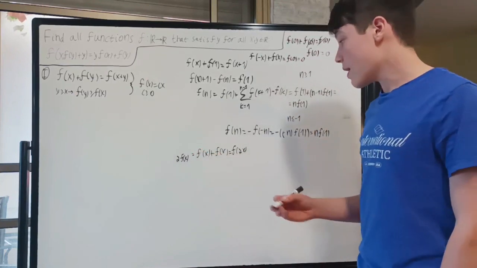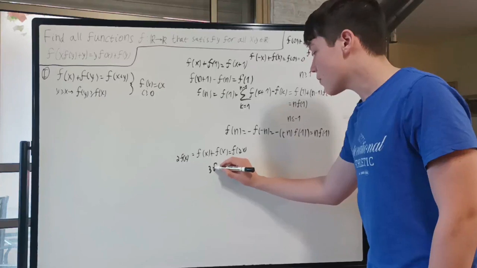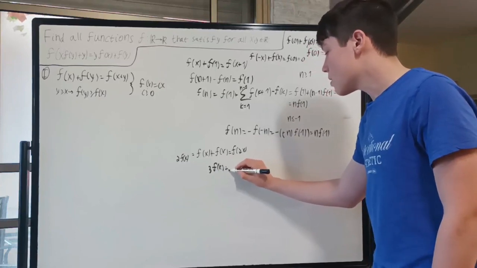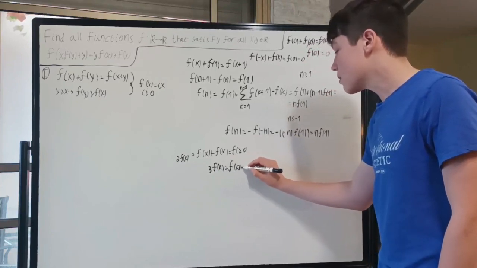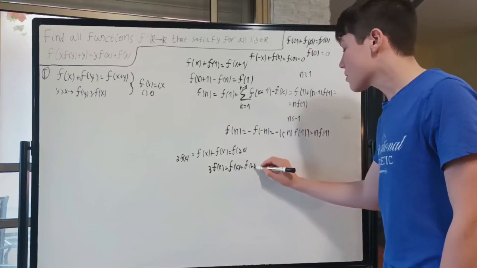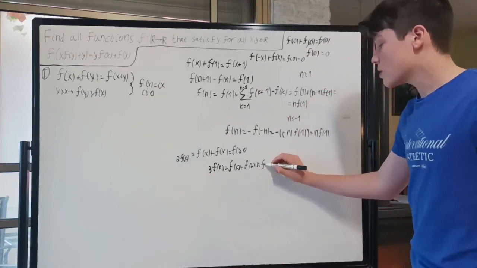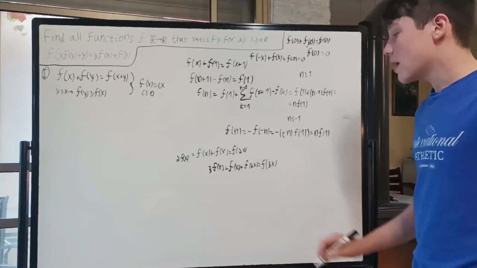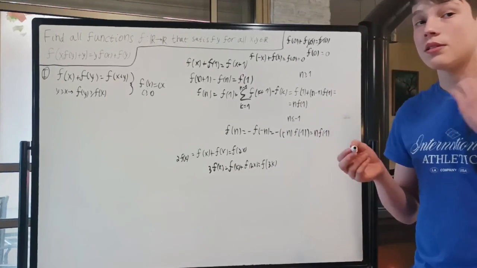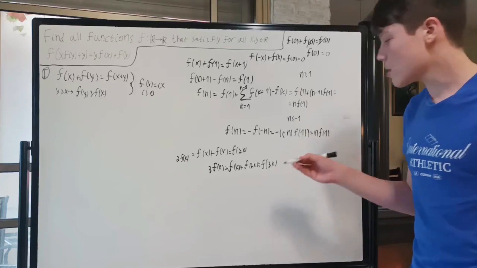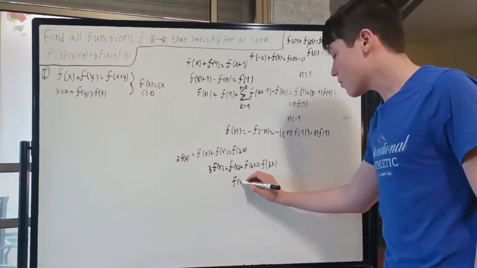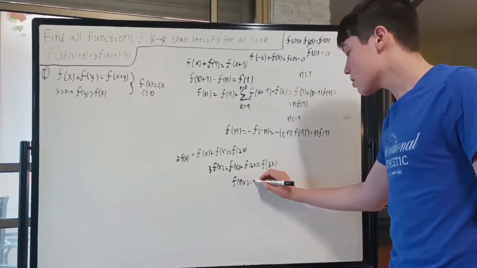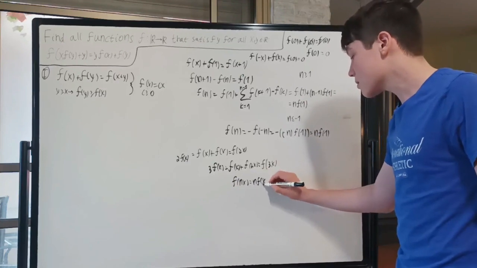Then I can add another x, so 3f(x) is f(x) + f(2x), which is f(x + 2x), which is f(3x). And in general, you can prove this easily by induction. We get f(nx) is equal to nf(x).